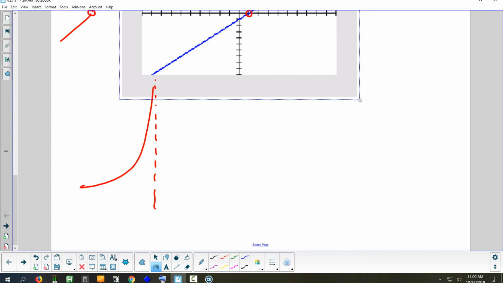So asymptotes always approach infinity or negative infinity. Sometimes, if you have a graph, they approach both infinity, or sometimes the other side may look something like this. It may curve down. It depends. Holes are not asymptotes.